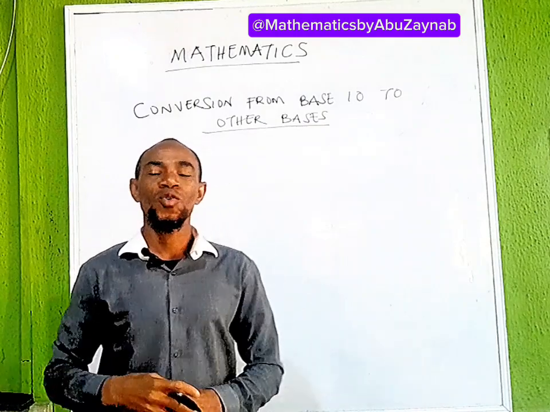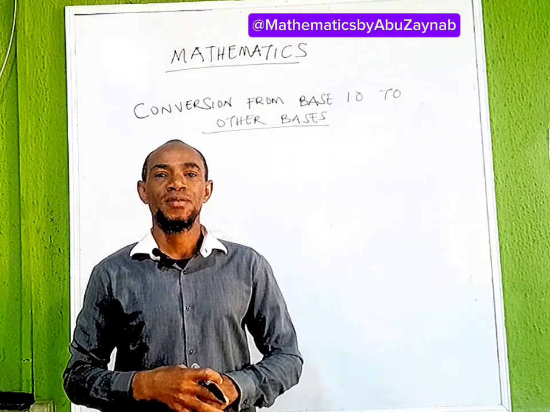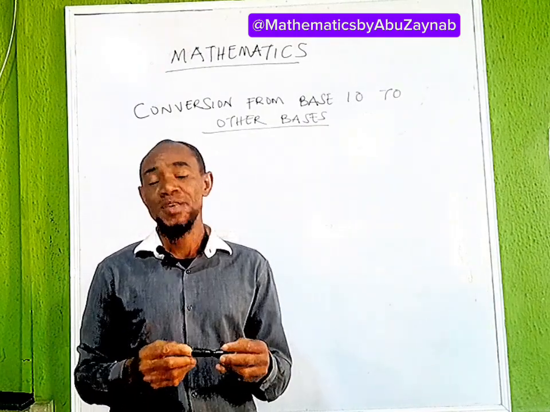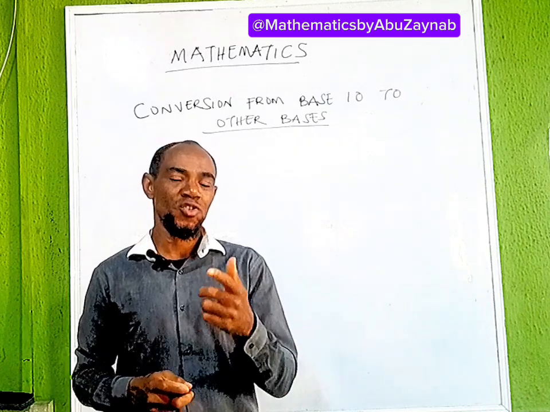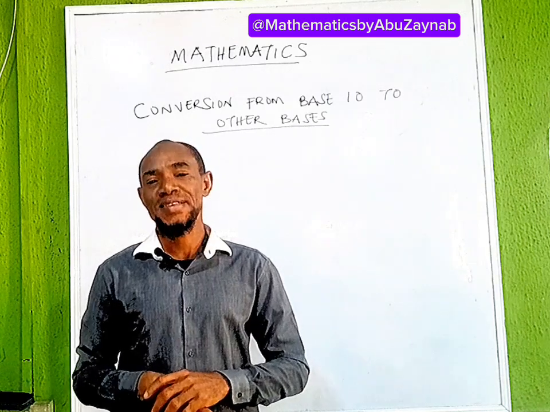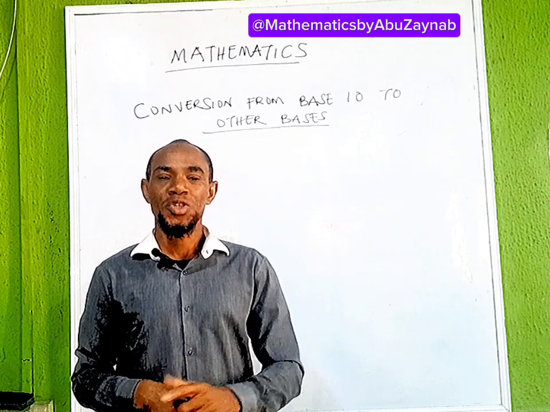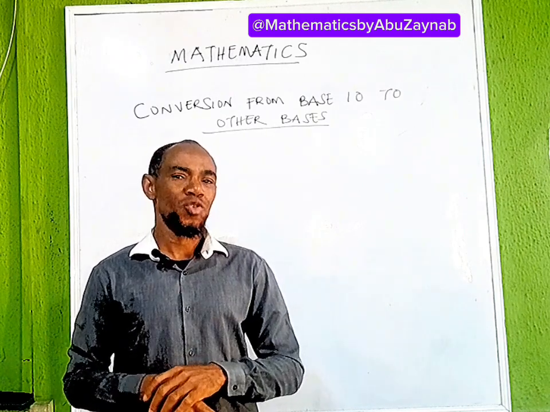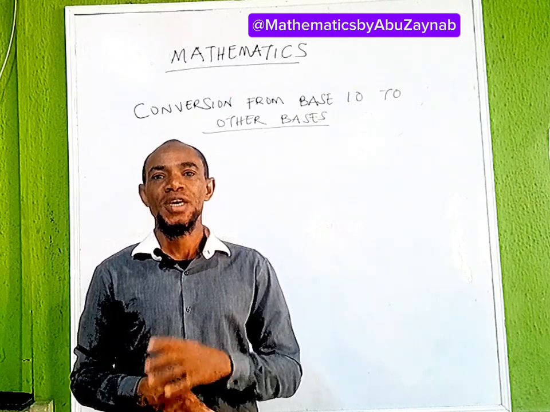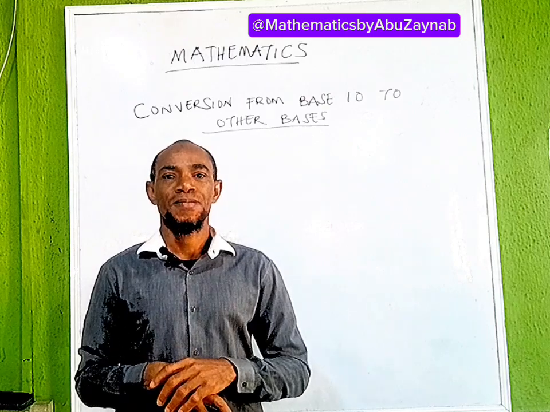Today, we are going to look at conversions from base 10 to certain bases: base 2, base 8, base 12, that's duodecimal, and base 16, that's hexadecimal. With just one example, we aim to show that this conversion is actually the same process.